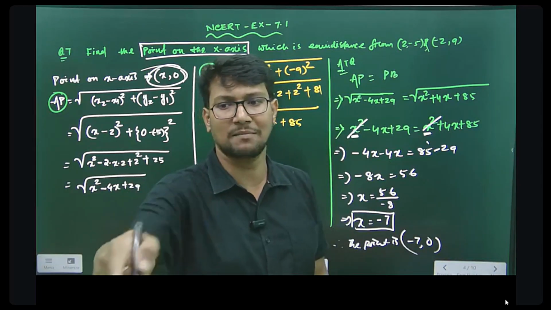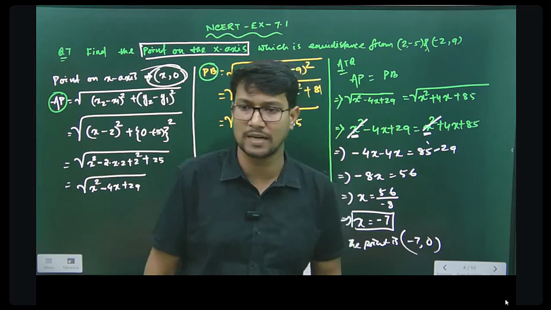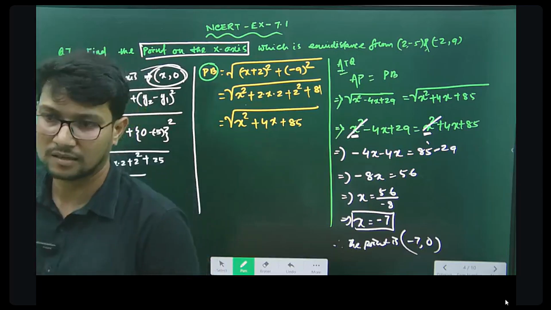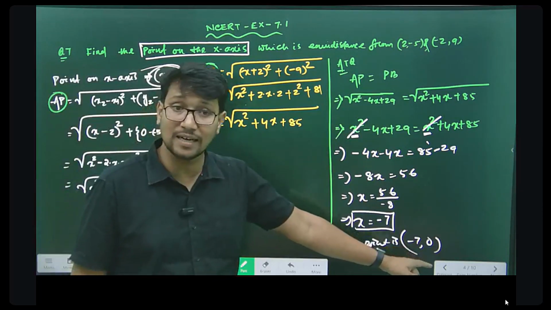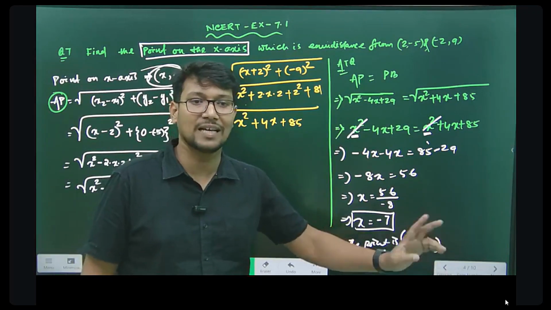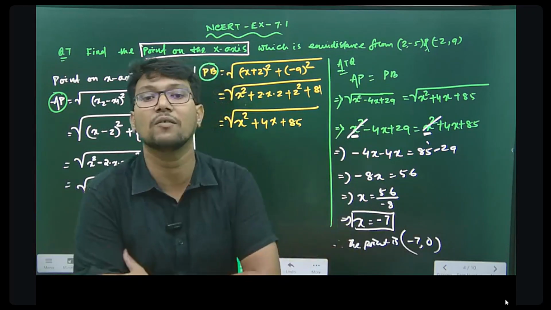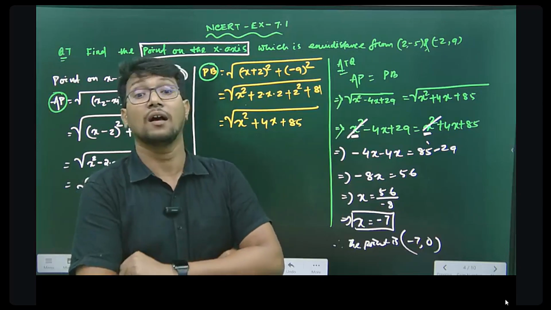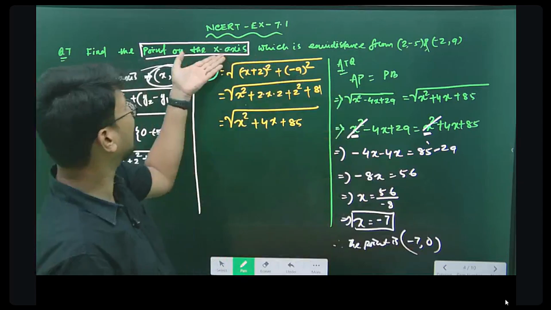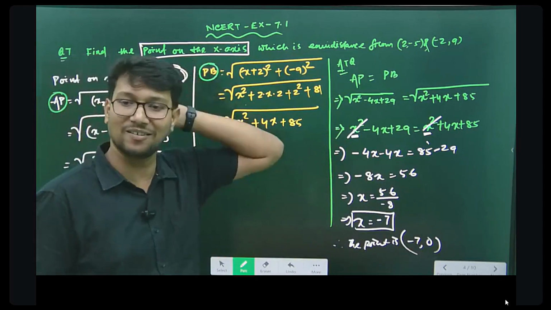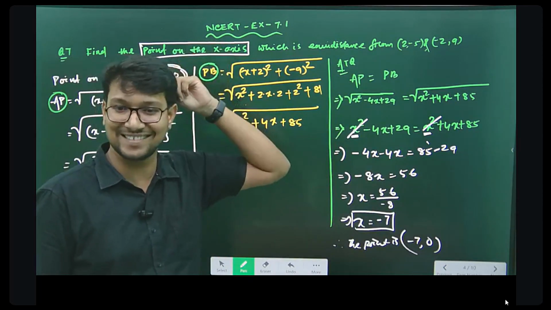Who can say the point minus 7, 0 lies on which quadrant? Do you think it will lie on a quadrant? It will not lie on a quadrant. It will lie on where? Why? You know already, given in the question. Point on x-axis.